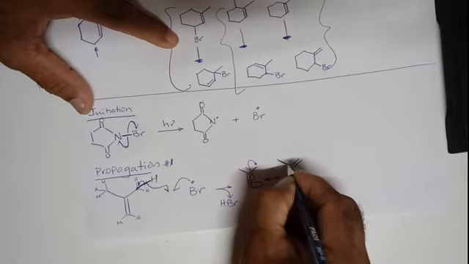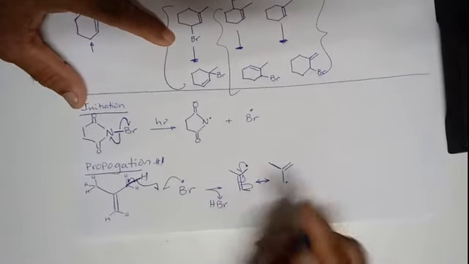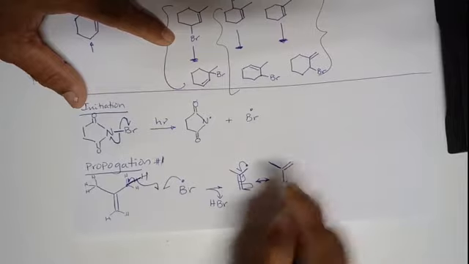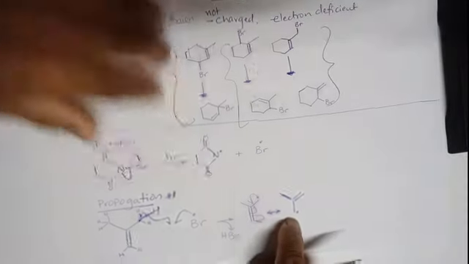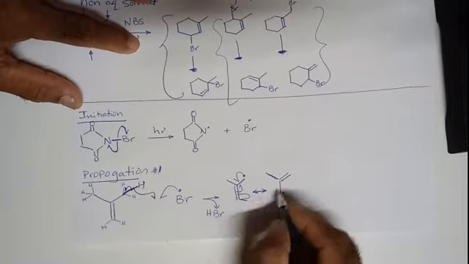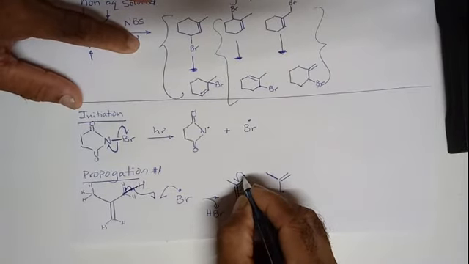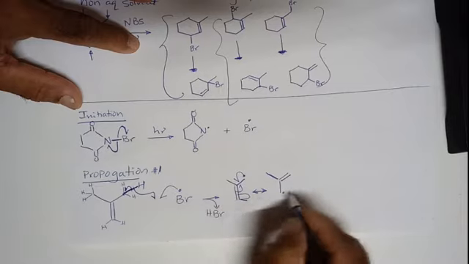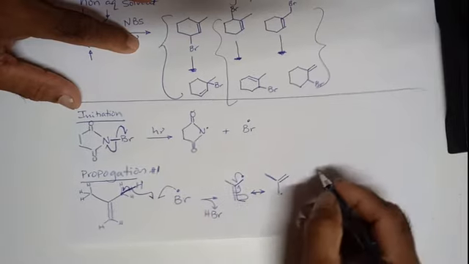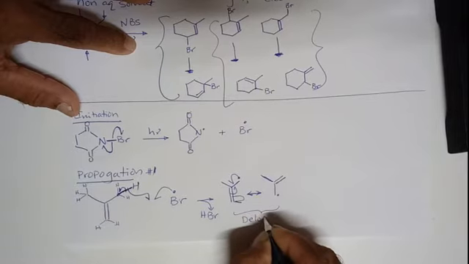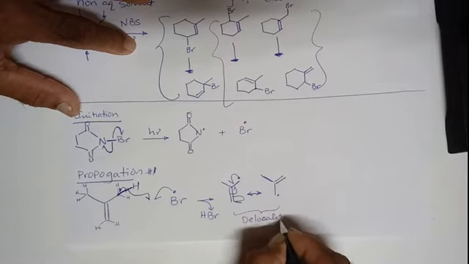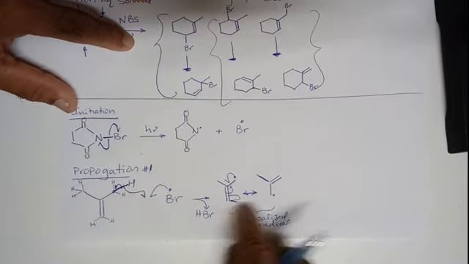Now interestingly, they may look alike, but these are 2 unique radicals. In this particular example they are not, but in other cases you are going to see that they are different. Now this system is going to keep on hopping back and forth, since this is delocalized.